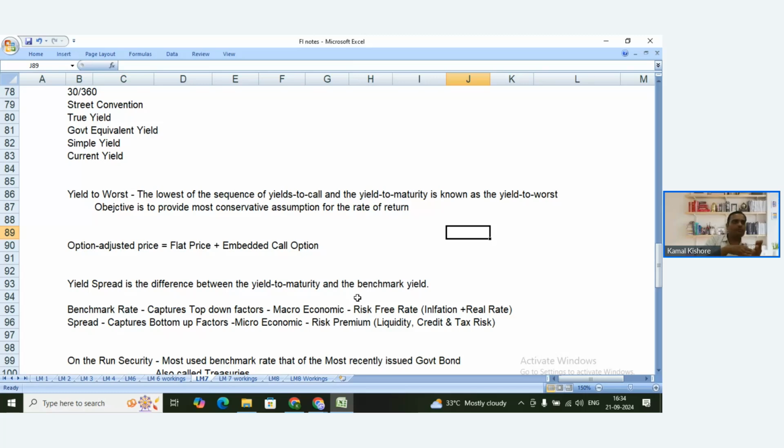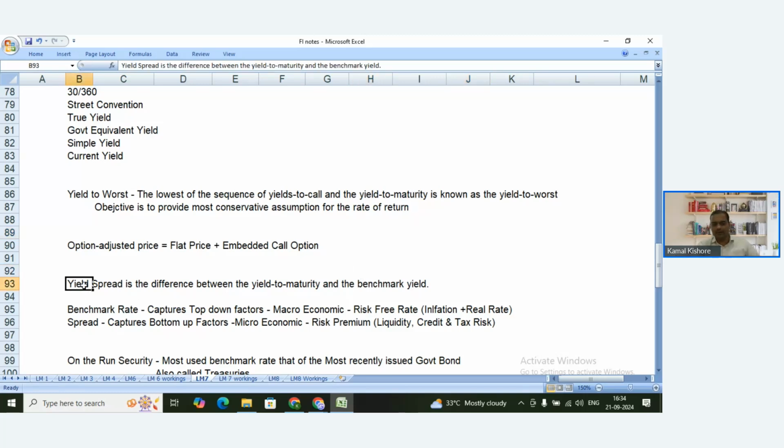Where is this 15% coming from? Basically, there is a benchmark. My risk-free rate is 6%, 7%, plus my other premiums. So based on the risk, I am attaching this premium. But there is some benchmark to stand on, and on that you are saying a minimum of 6-7% is required. That is called benchmark yield.